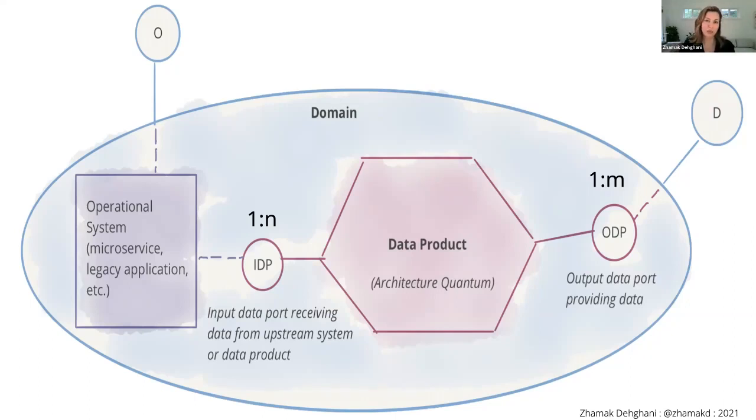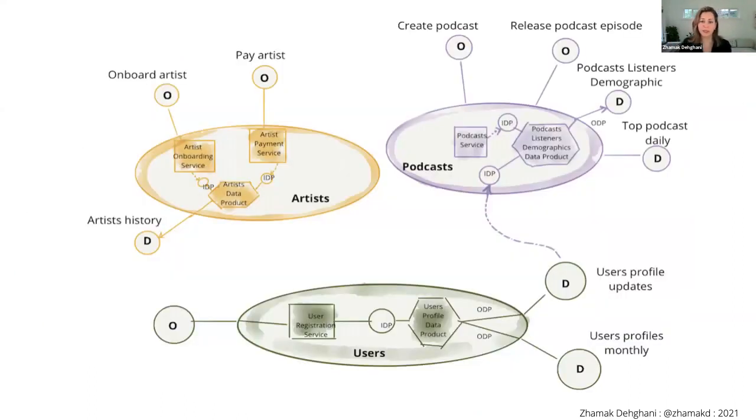One interface is input data ports, the set of APIs, the set of mechanisms by which you will be receiving or pulling data, however you have implemented that API to get data into that data product. And then the data product operates on that data and provides it as analytical data on its one or many output data ports. That essentially becomes the interface for serving that data and its metadata. We'll get to that in a minute. So let's zoom into that previous example.